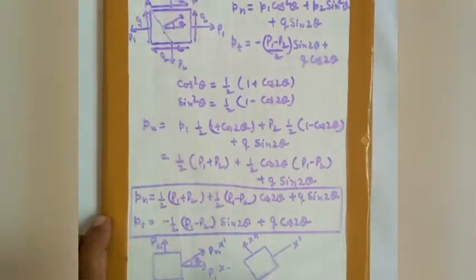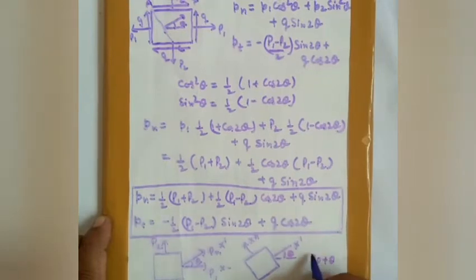Suppose we take another axis x2, which is in perpendicular direction to the x1. Since x1 is at an angle theta with x, the axis x2 will make angle 90 plus theta with the x-axis.